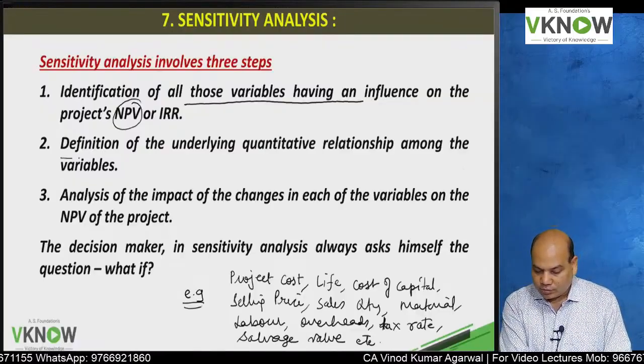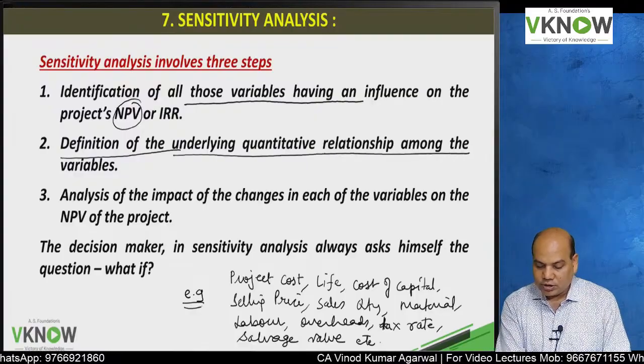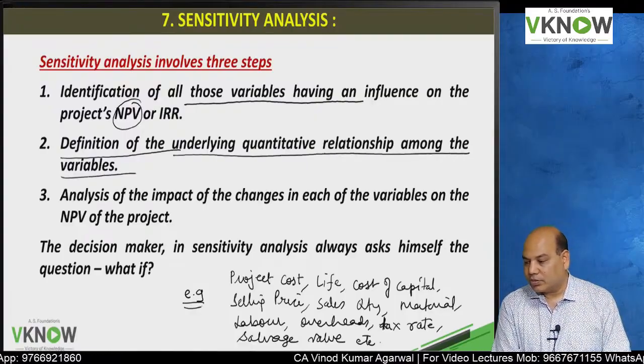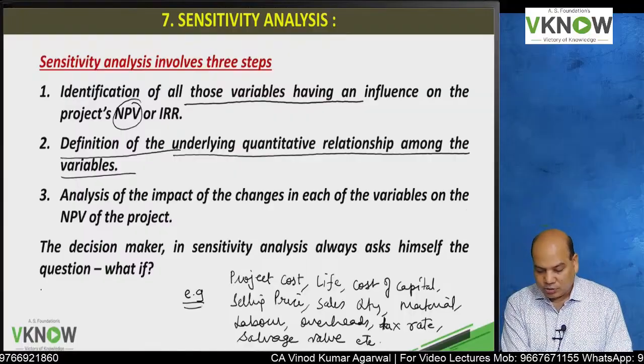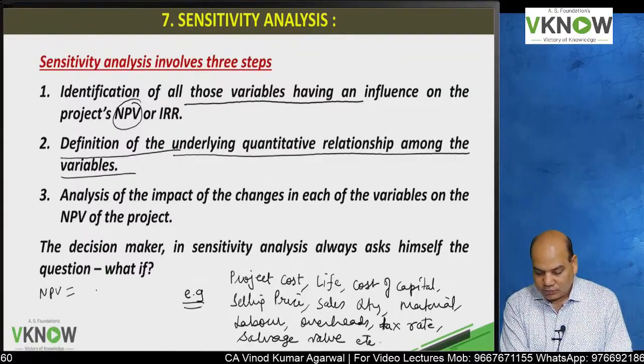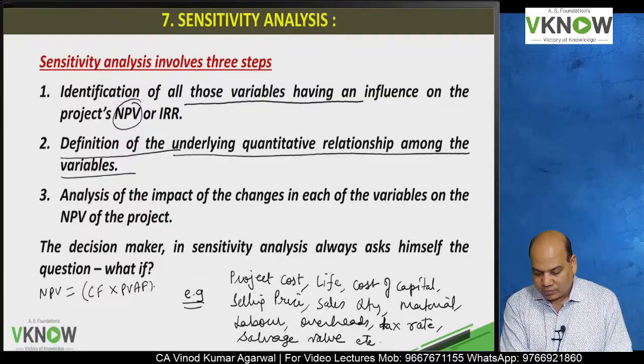Then we find out a definition of the underlying quantitative relationship among variables. Quantitative relationship means how NPV is calculated. So NPV is equal to, for example, cash flow multiplied by PV annuity factor minus project cost.